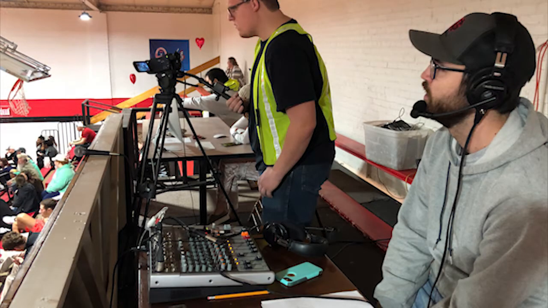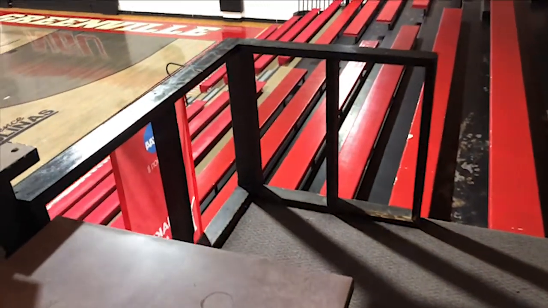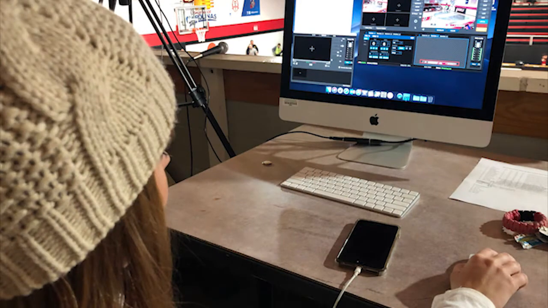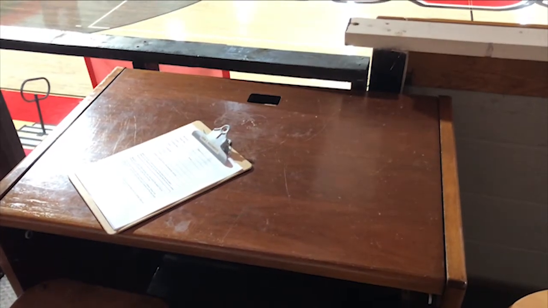And we may put a camera over there and then a camera right here. So we have our two spaces. Again, this would be the camera position, and then here's where audio would be.